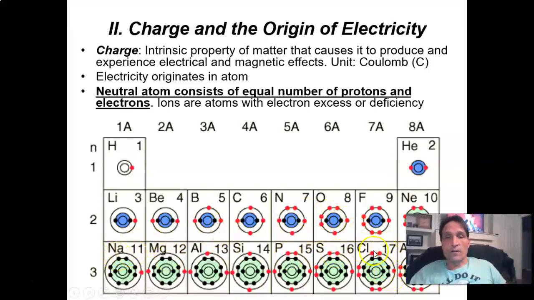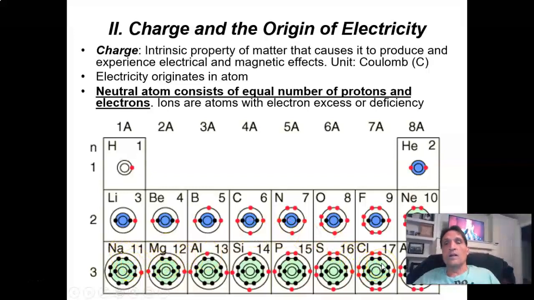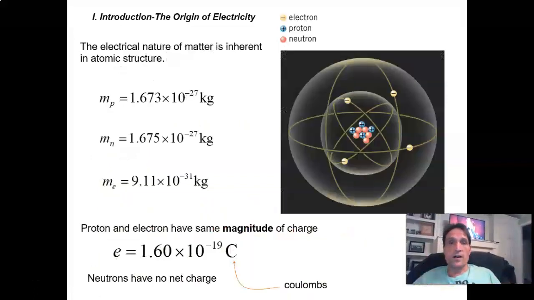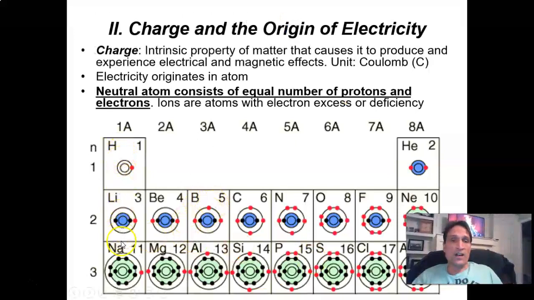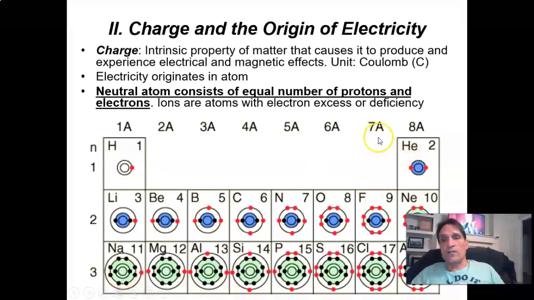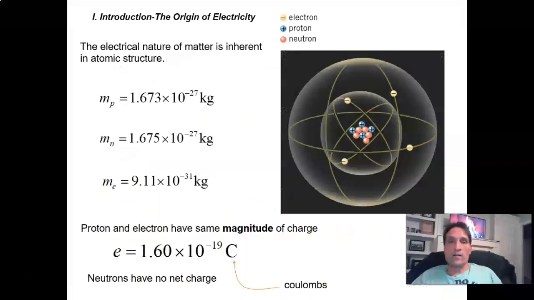And so sodium chloride, which is table salt, the sodium part of the molecule tends to be more positively charged because it gives up its valence electron, and the chlorine atom tends to have more of a negative charge, and that creates a separation of charge. So these atoms on the left side tend to give up electrons, and these that are the 7A atoms tend to acquire electrons. They want to have another electron to have a full shell.